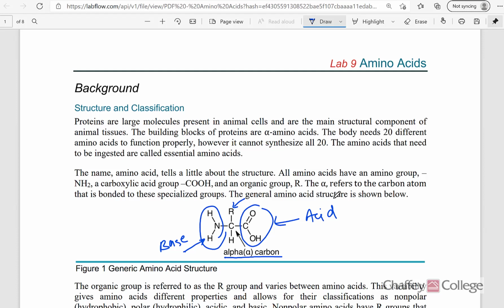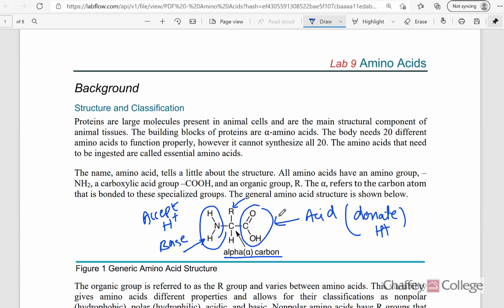We also know that bases can accept a proton. That is the Bronsted-Lowry definition. A proton is the H positive ion, and acids donate a proton. The form shown here is the neutral form.